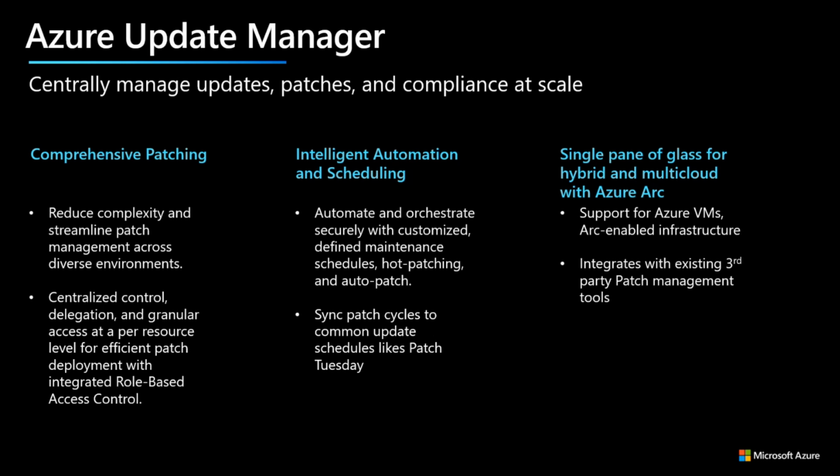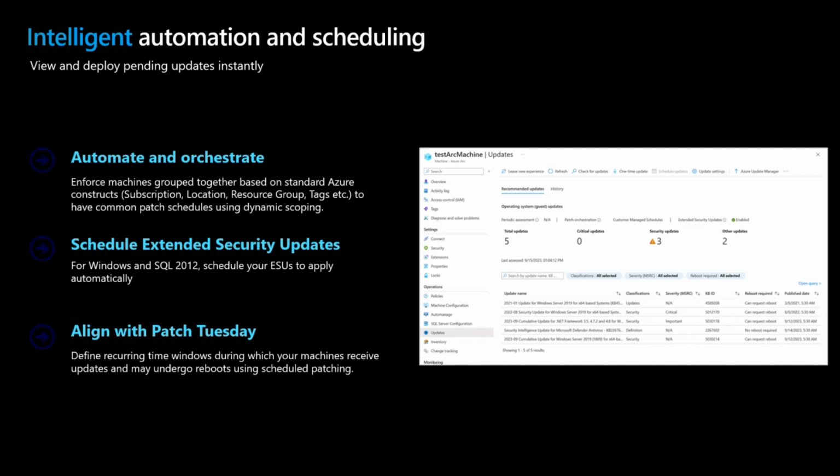You can do hot patching without the need of rebooting your virtual machines, and you can also sync patch cycles to common update schedules like Patch Tuesday provided by Microsoft, as well as having a single pane of glass for hybrid and multi-cloud with Azure Arc, which I'm going to explain in a little bit.